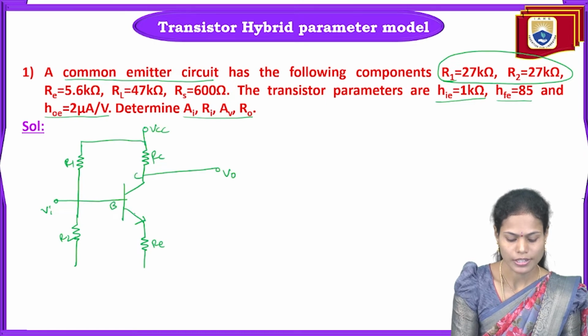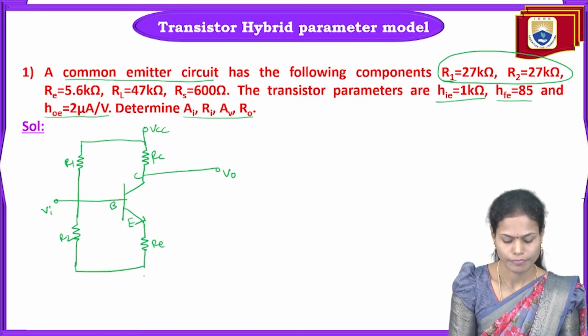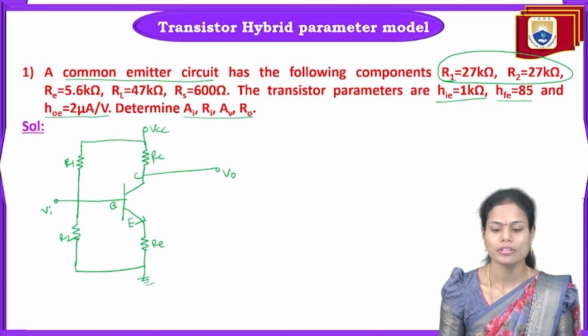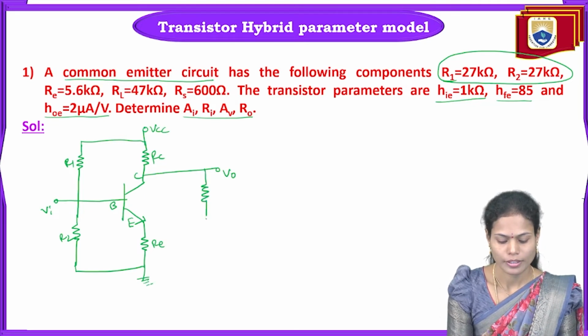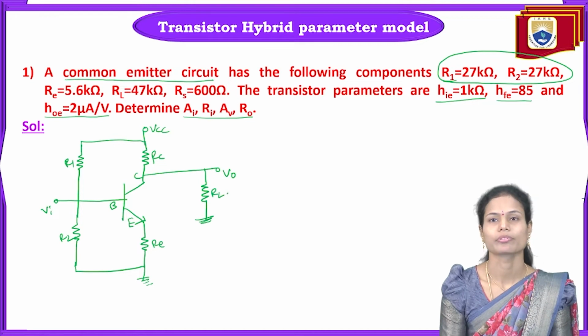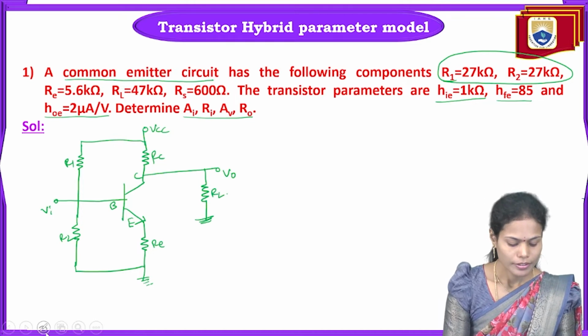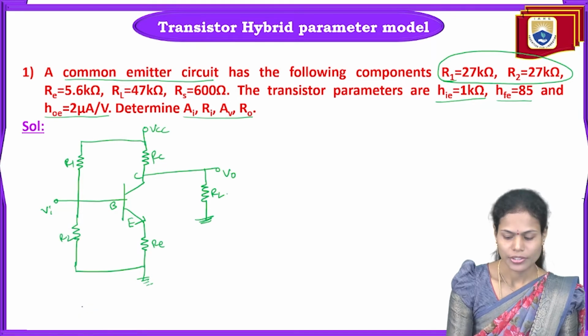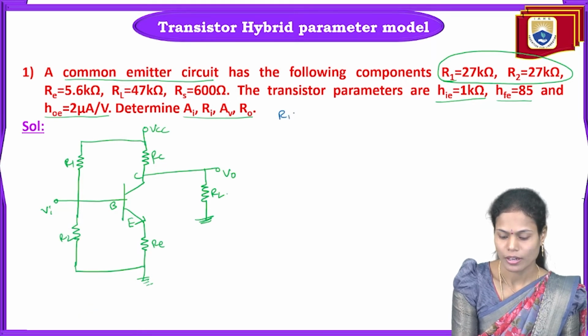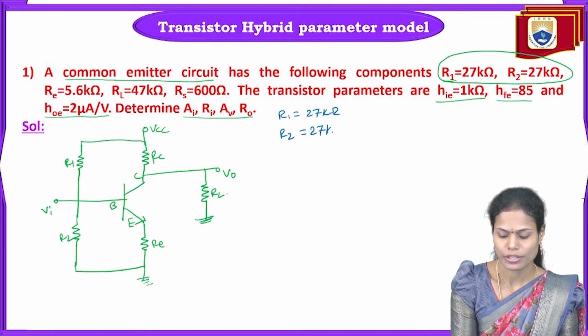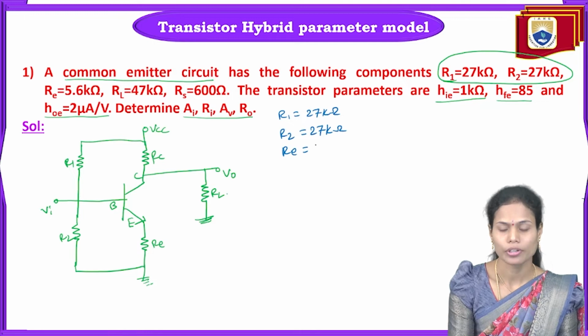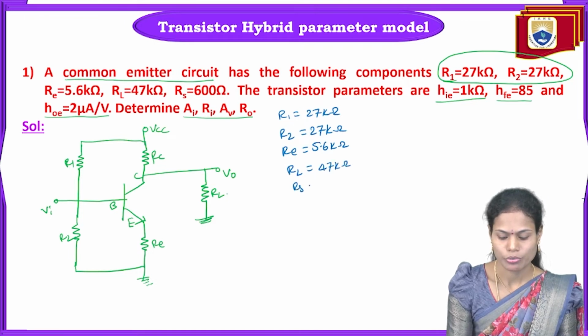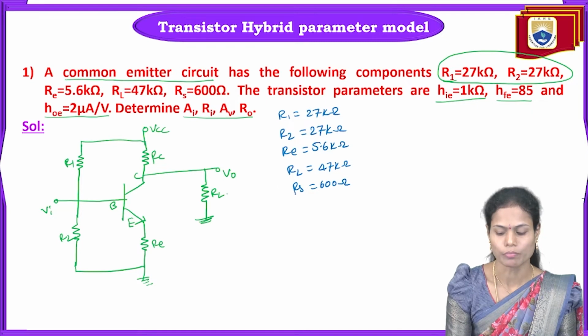This is the base, collector and emitter terminals. This is the common emitter amplifier circuit. The given parameters here are R1 equal to 27 kilo ohms, R2 is also 27 kilo ohms, RE equal to 5.6 kilo ohms, load resistance is 47 kilo ohms, and the source resistance is 600 ohms.